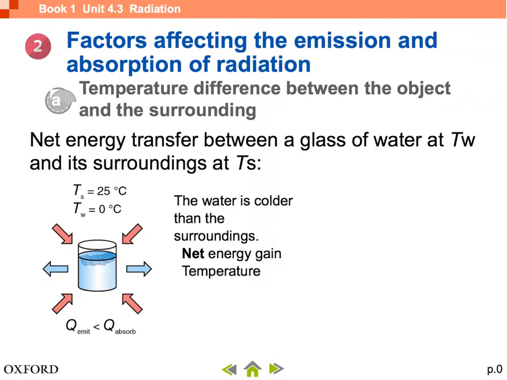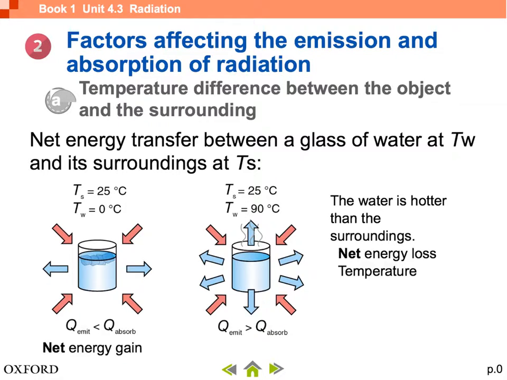As a result, here comes the concept of net that we learned in Form 2, Chapter 7, photosynthesis. When there are two processes occurring in opposite directions, we need to find out the net result. The net result now is that it will gain energy, gain radiations, so as to increase its temperature.